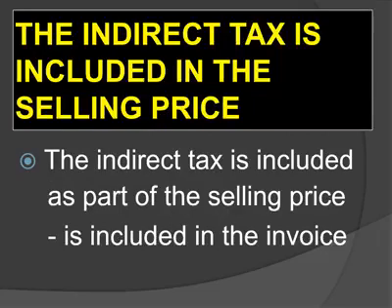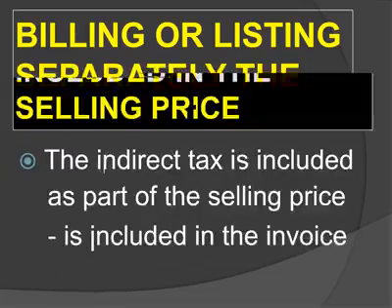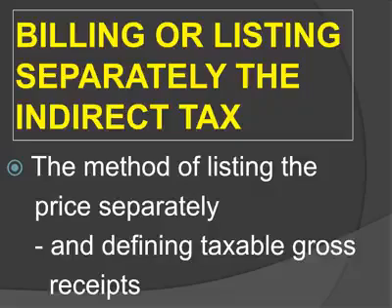So let's look at the details here. The indirect tax is included in the selling price, and consequently, let's just look at one method of shifting tax burden, and that is billing or listing separately the indirect tax. So let's have a look at this one by one.